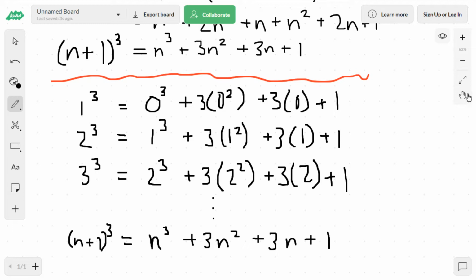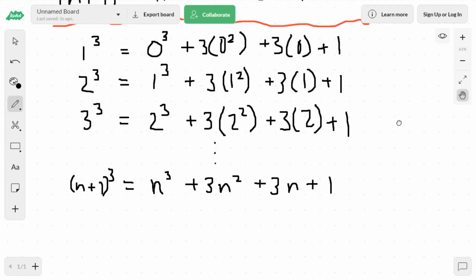Nice. Okay, so we've got all that. What we're interested in here is the sum of all these things. If we're looking at the left side, then we're basically just looking at the sum of cubes. So this is where i goes from 0 to n plus 1. Or should we do it this way? I'm wondering if we should.